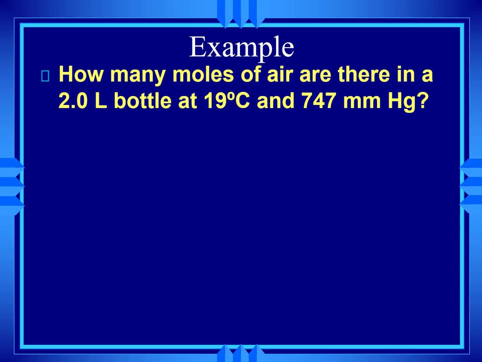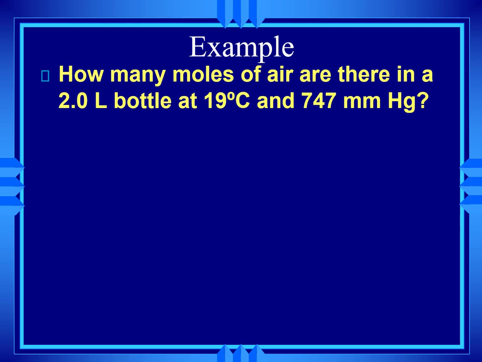So if you've got a 2-liter bottle in this room, at maybe a little bit more than 19 degrees Celsius right now, but not much, how many moles of air are there? This would be number 14 on your blue slip.